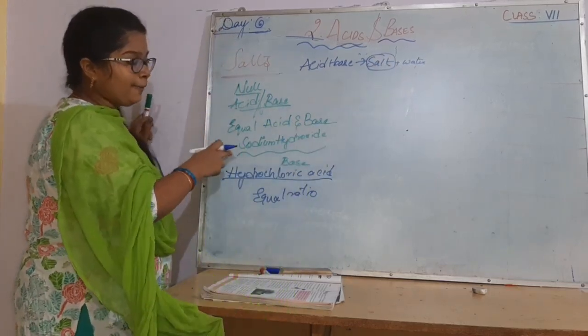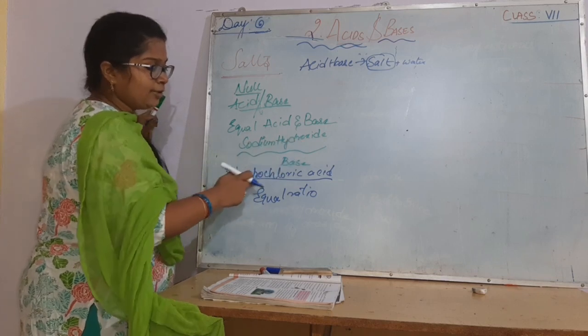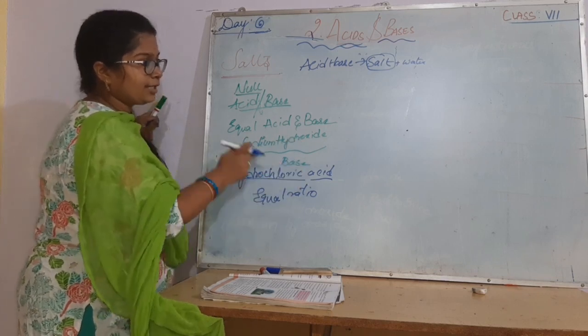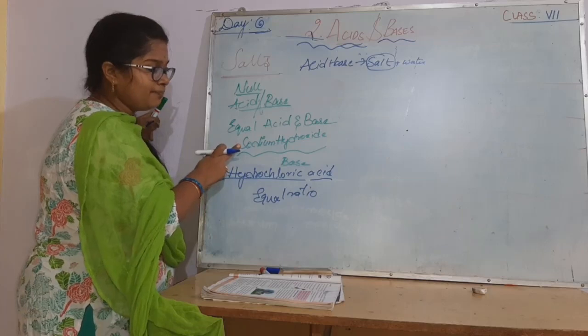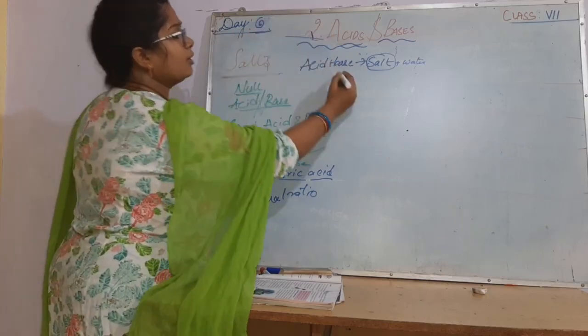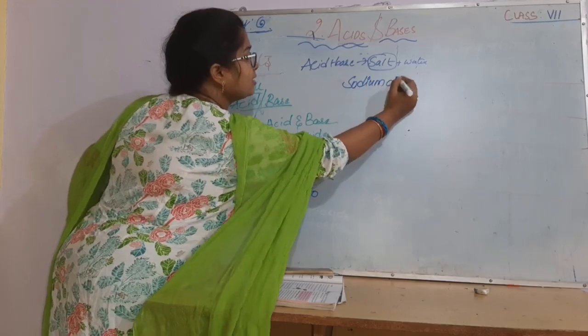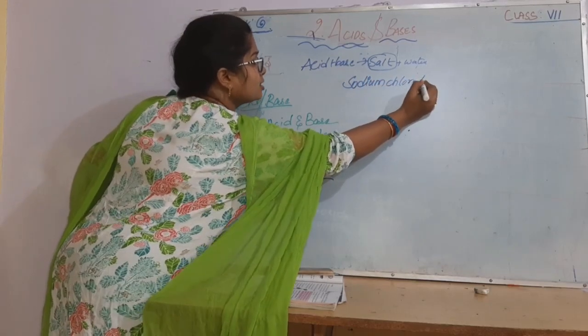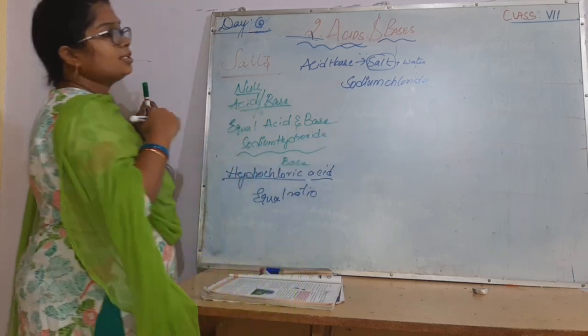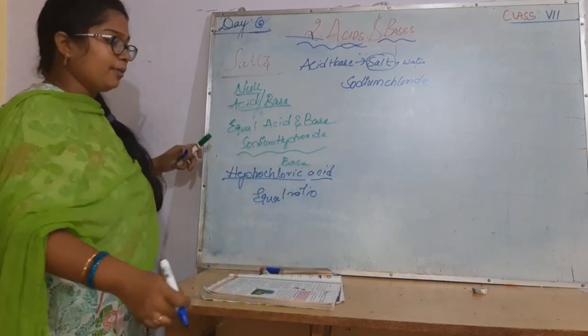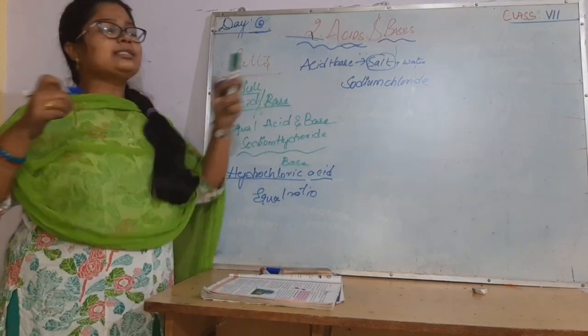Which salt is formed? Sodium hydroxide and hydrochloric acid are both reacted, isn't it? So sodium chloride, NaCl, is formed. Common salt, you can say. Sodium chloride is a salt formed by adding acid plus base.